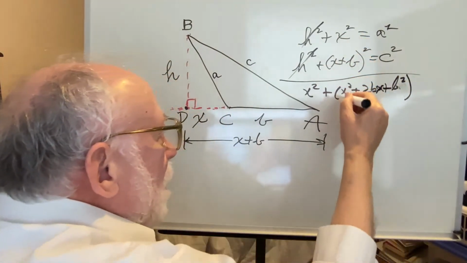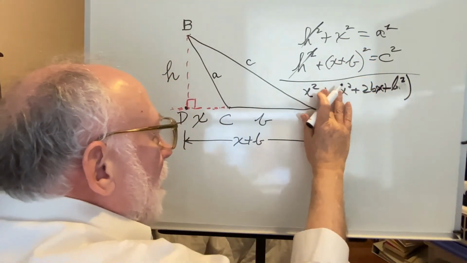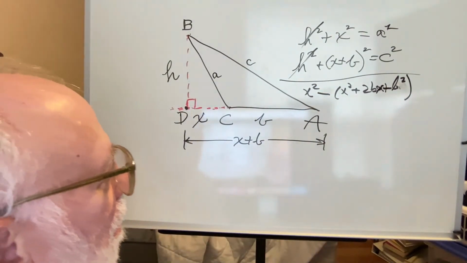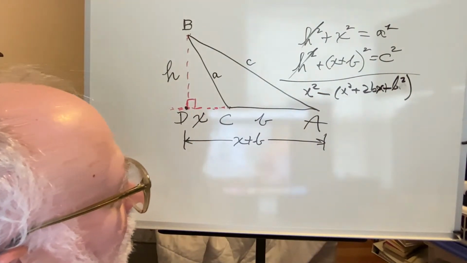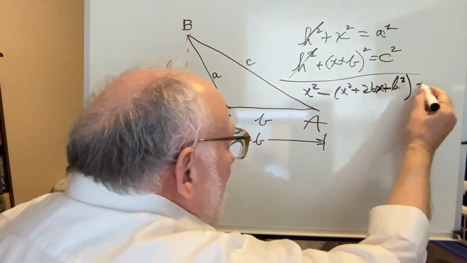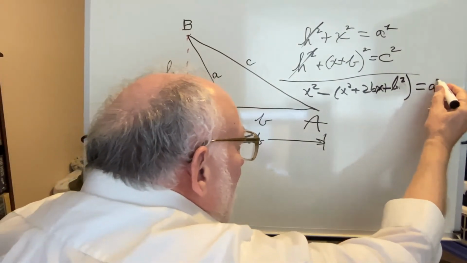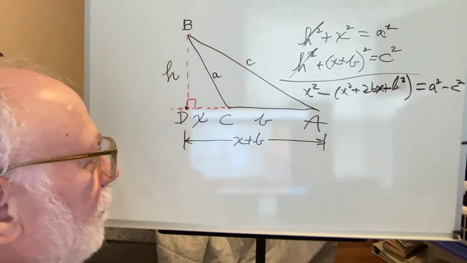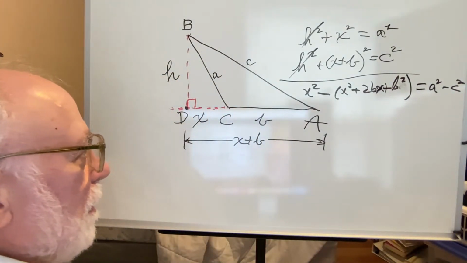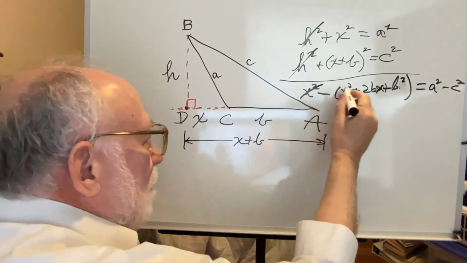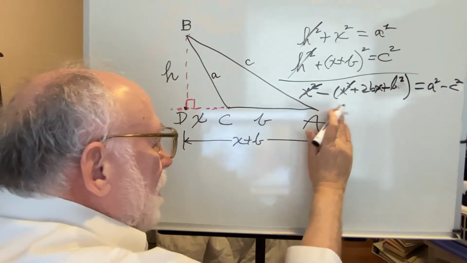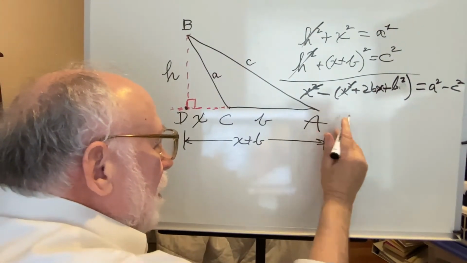When we subtract, we get this. Now on the right, we have A squared minus C squared. Now these cancel when we subtract. There's no X squared term left.